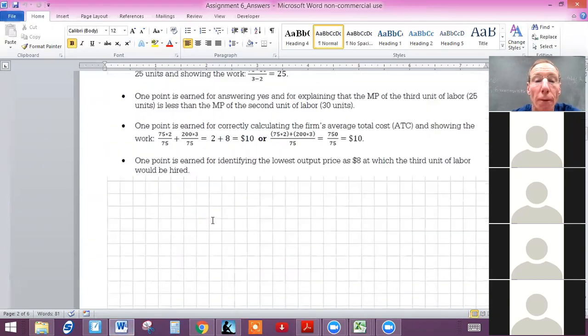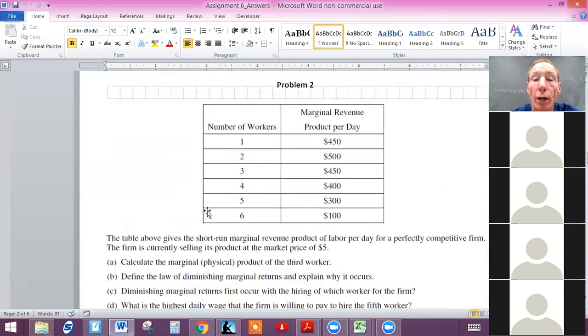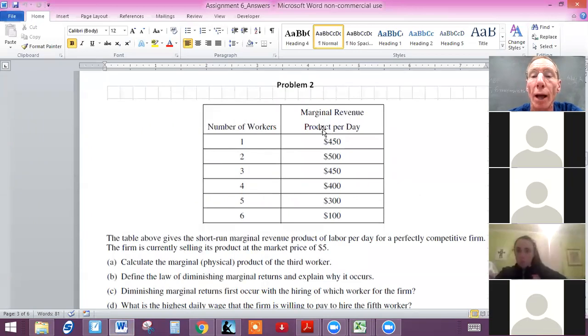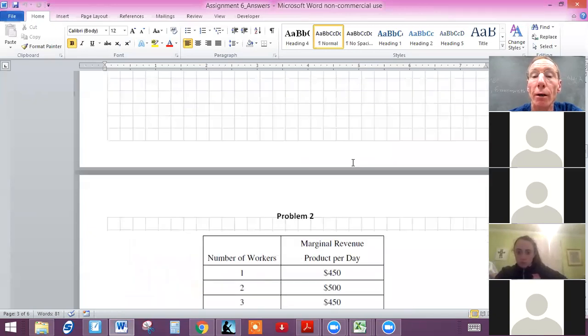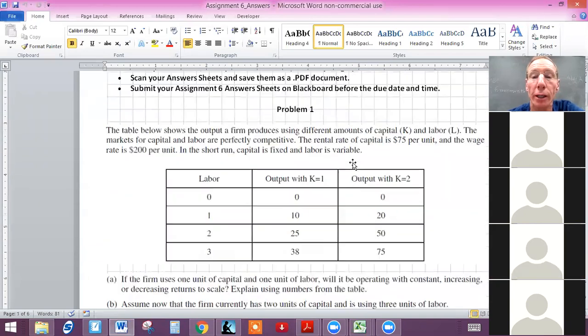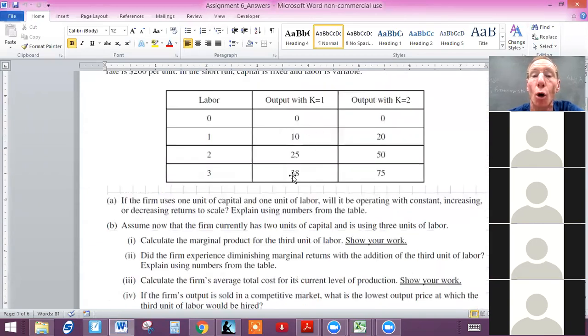Going to number 2. These are all very, very similar, but they're not the same, so they're all going to be helpful. This is showing a table. Now, look at the difference in what they're giving you. In this problem, they're giving you marginal revenue product per day. Up here, they're only giving you total output, right?